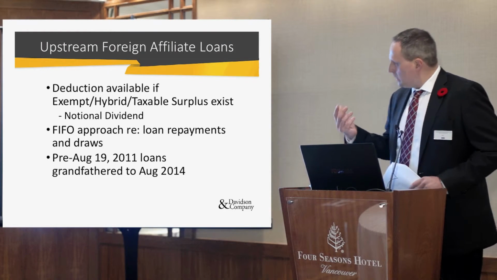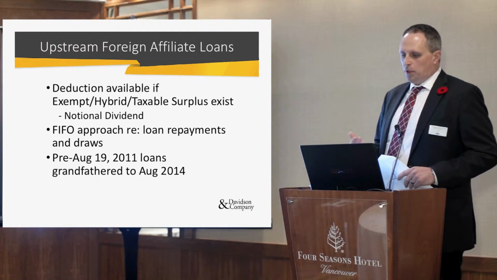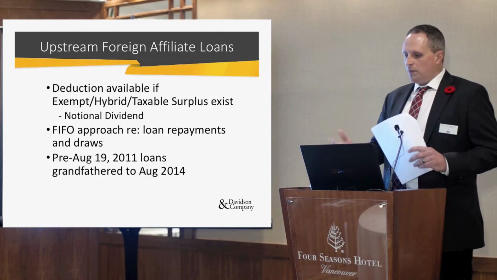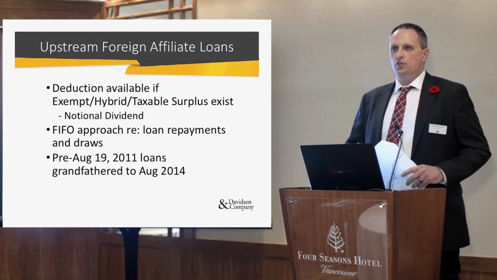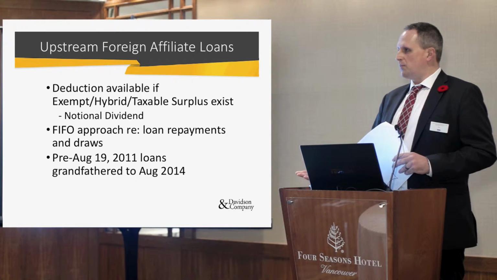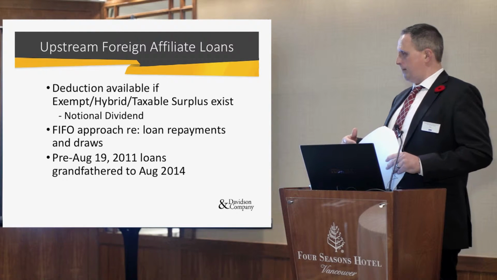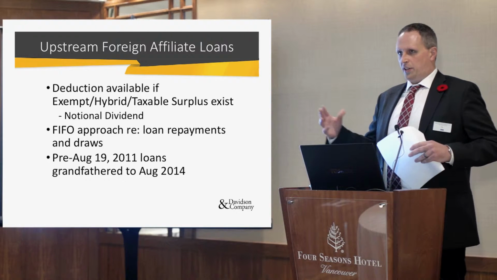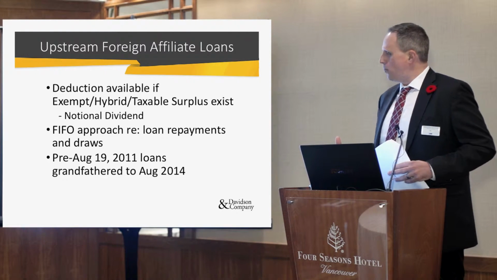Where you've got some relief is if you have a deduction available, and that arises out of whether or not you have one of these surplus account balances. Exempt surplus is essentially where your foreign subsidiary is engaged in an active business in a country that has a tax treaty with Canada, and this accumulation of essentially retained earnings creates this exempt surplus pool.